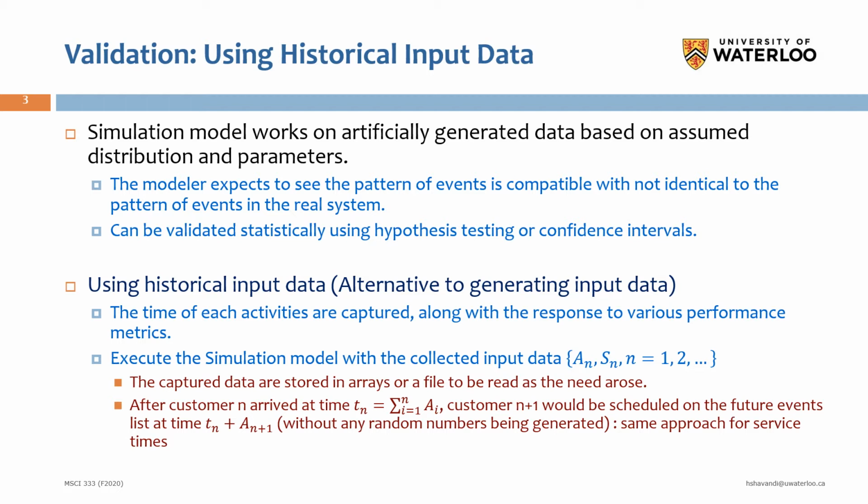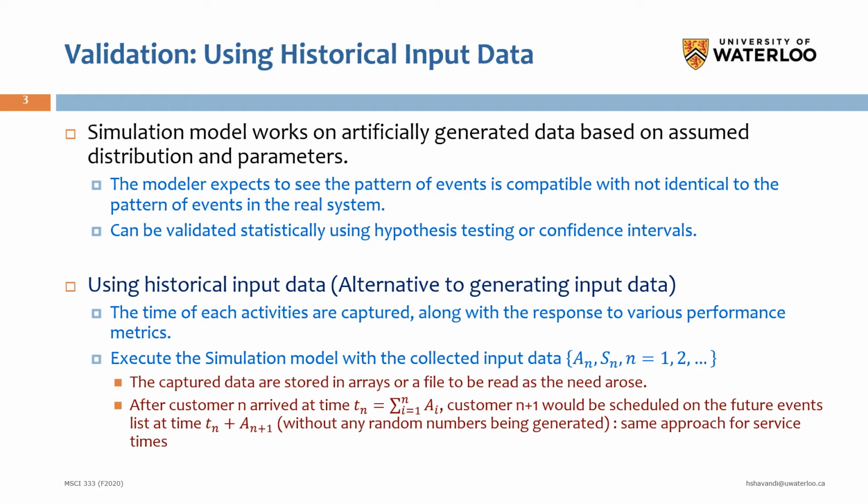We run the simulation model for several replications, so we have a sample data from the results of replications, and then we run a statistical method to see if the simulation model is behaving like the real system. It could be a hypothesis test or a confidence interval approach.